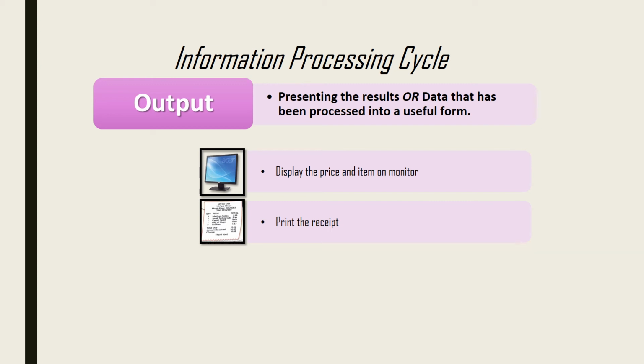If we recall the question given, we can explain that output is: display the price and items on the monitor, or print the receipt.